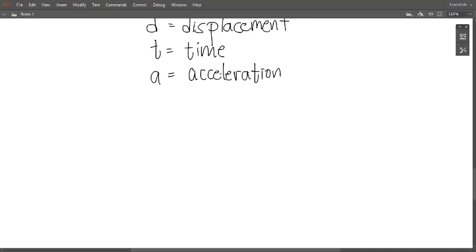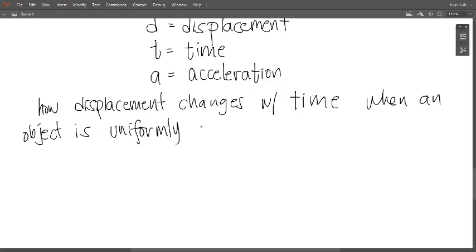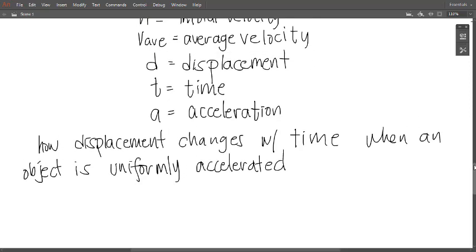So, to find out how displacement changes with time when an object is uniformly accelerated, we will be rearranging equation A to arrive at equation A here.